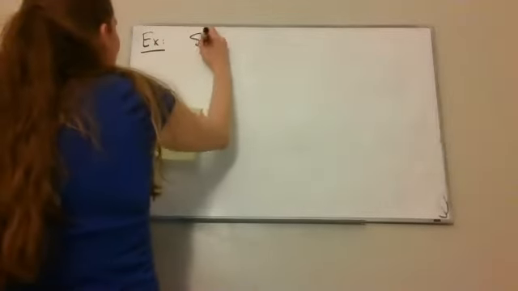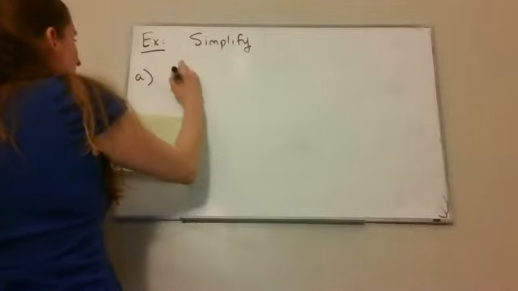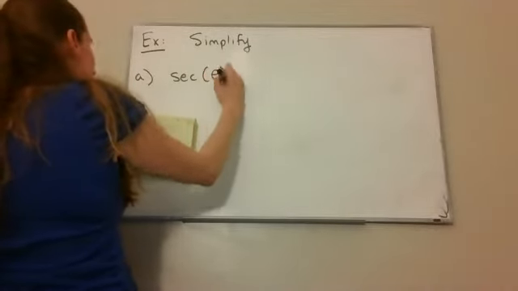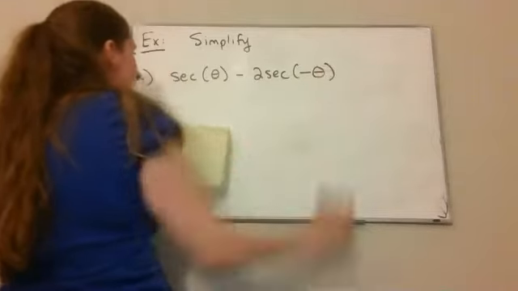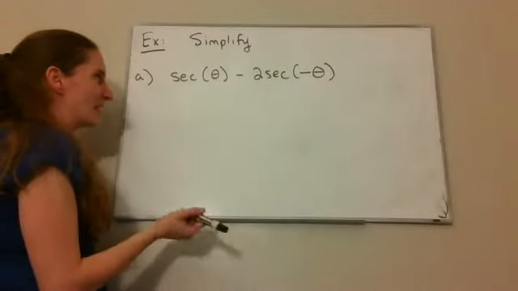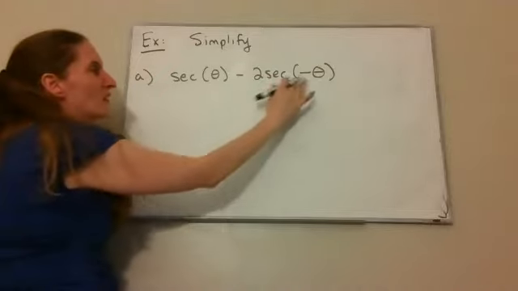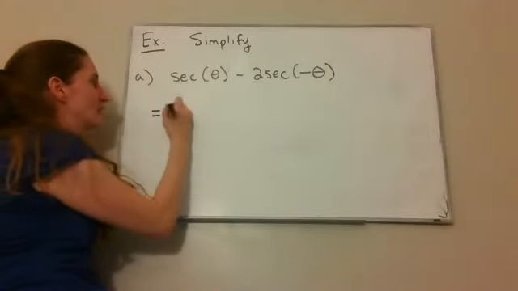So for example, let's simplify secant of theta minus 2 secant of negative theta. Well, using the fact that secant is an even function, I know secant of negative theta is just going to be secant of theta.